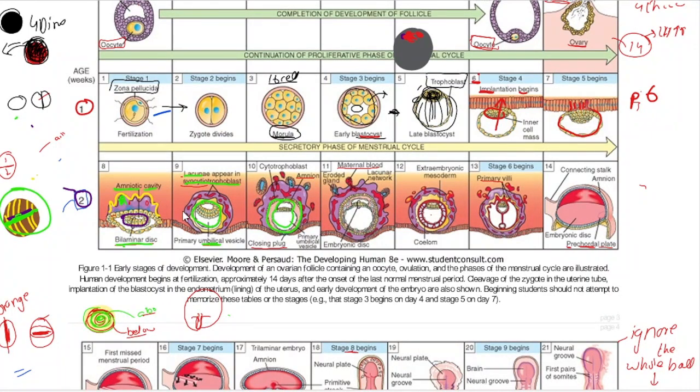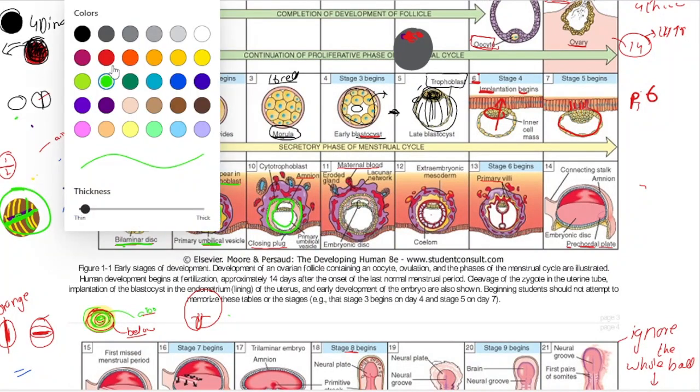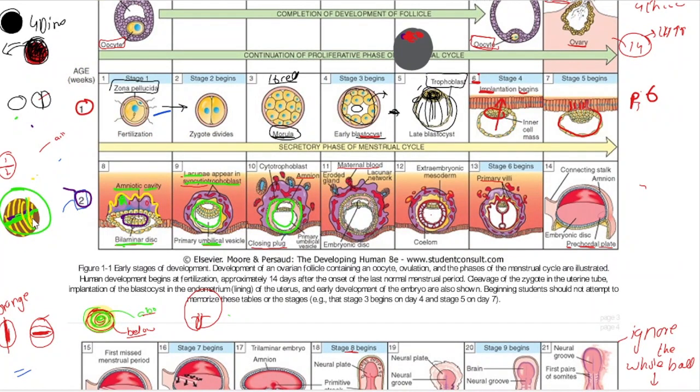So actually, this outer covering divides into two. Between these two layers a space is created.